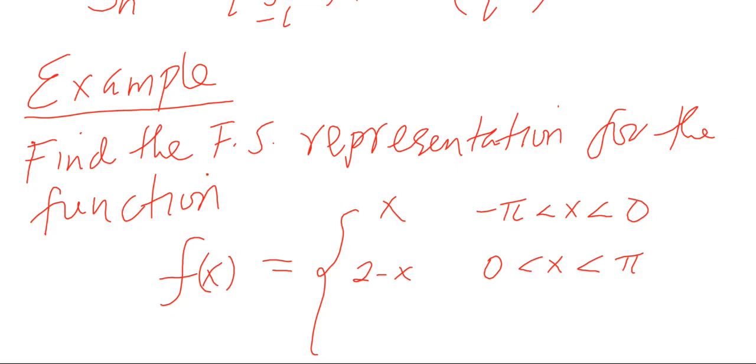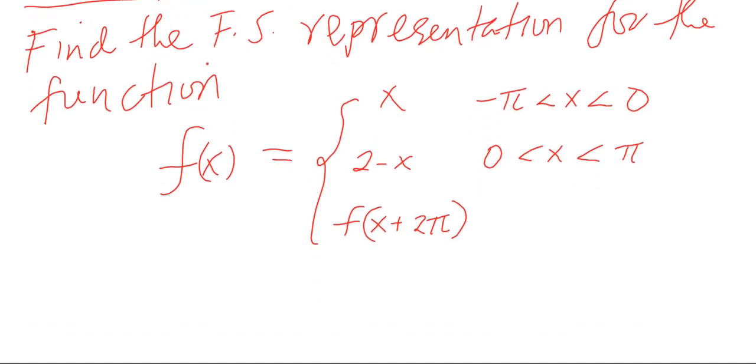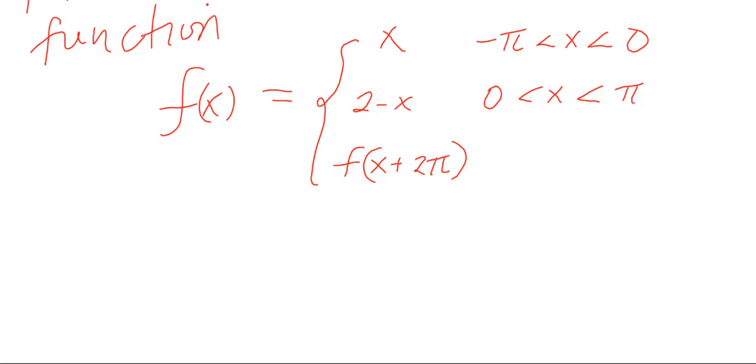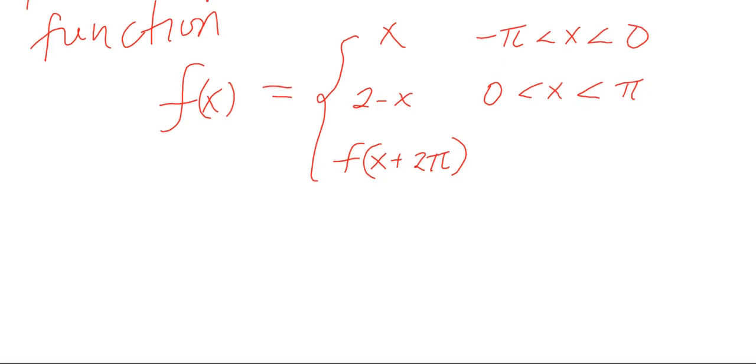And then the last statement here, f of x plus 2 pi. Now, this last statement simply says that the function is periodic with period T, so the function is periodic with period 2 pi. The period of oscillations here is 2 pi.